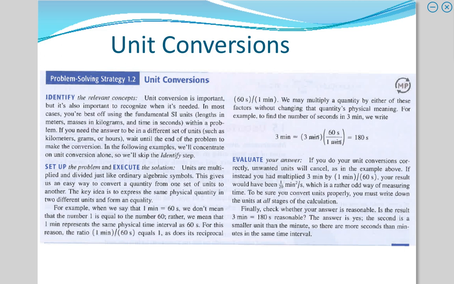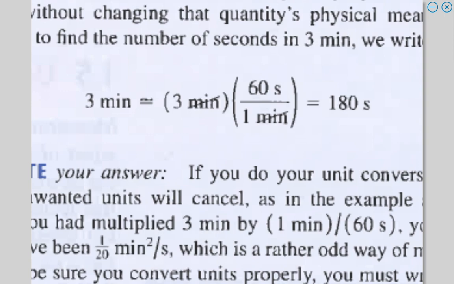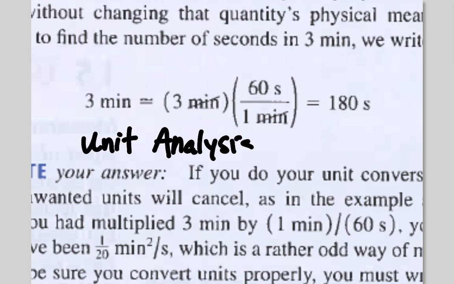Okay, unit conversions. I'll just show you this graphic right here. This is by far the best way to do any type of unit conversions. All it's called is unit analysis. If I want minutes to be in seconds, all I have to do is put minutes in the bottom and seconds in the top, and then figure out whatever the relationship is and multiply.